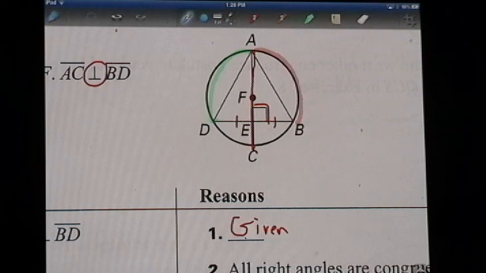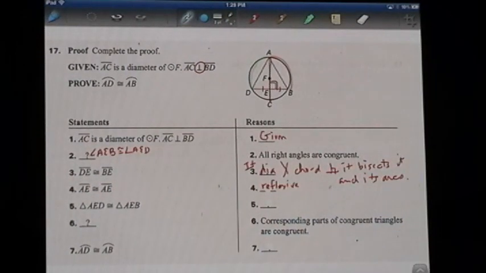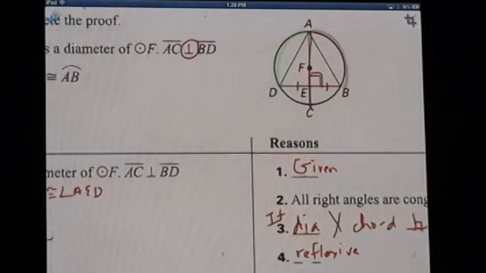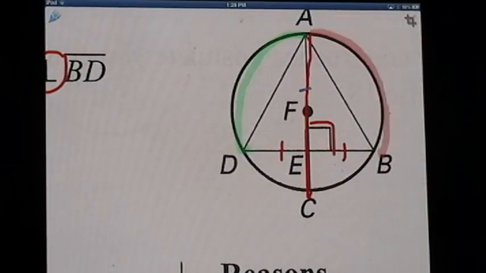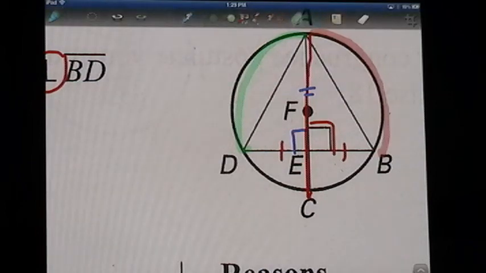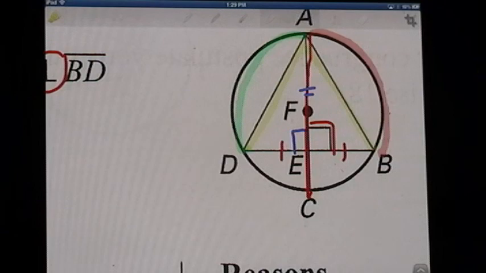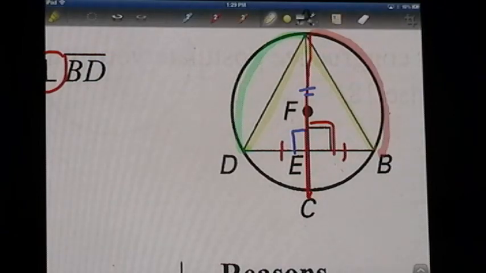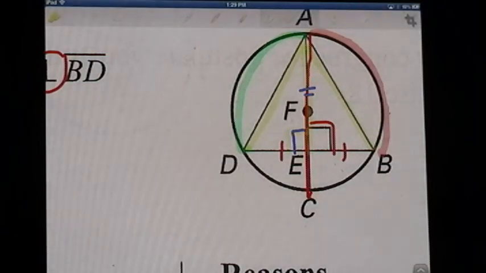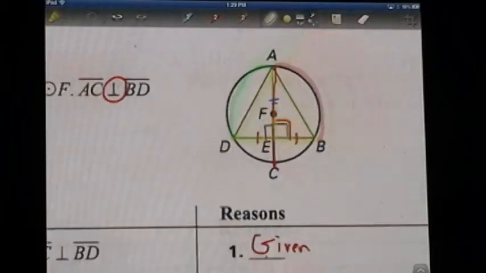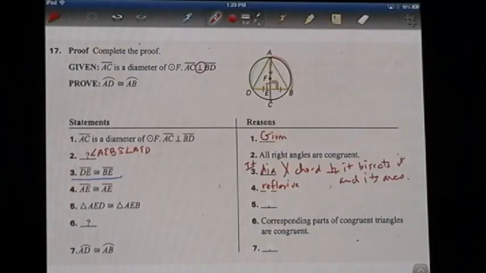Okay, what we just said was DE was congruent to EB. Did we say that? Right there. And we said AE was congruent to itself. And those are right angles. Is it hypotenuse leg? Well, here's the hypotenuse. And the hypotenuses are not congruent, so it's not hypotenuse leg. It's side, angle, side. So that's going to be by side, angle, side.